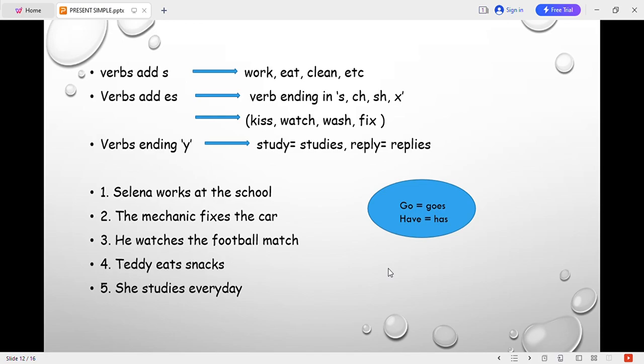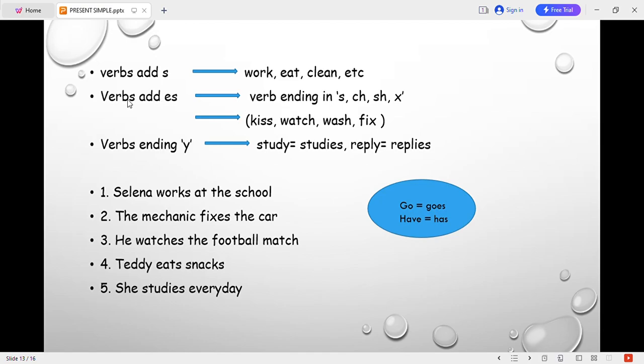Okay, sometimes we have a question: when do I have to put S or ES? So we can see here verbs add S: work, eat, clean, etc. We do not have to memorize all of the verbs in English, but the thing we have to keep in mind is the ending of the verb.